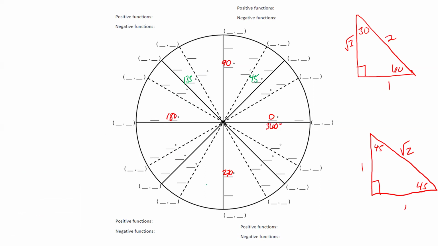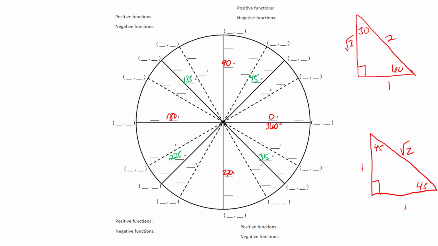What's halfway between 180 and 270? 225. What's halfway between 270 and 360? 315. Okay, these are our 45s, right? They all have a reference angle of 45 degrees. Does that make sense? Yes?